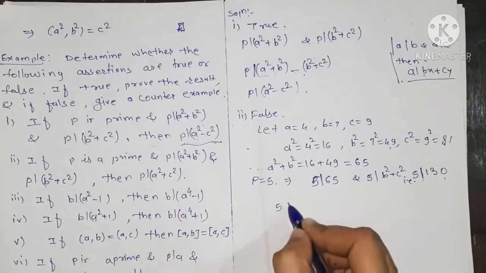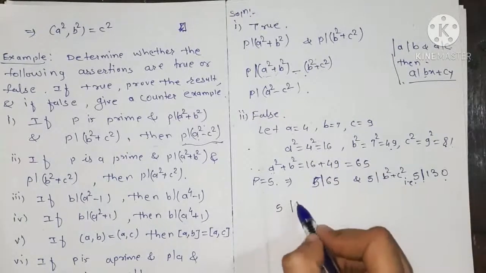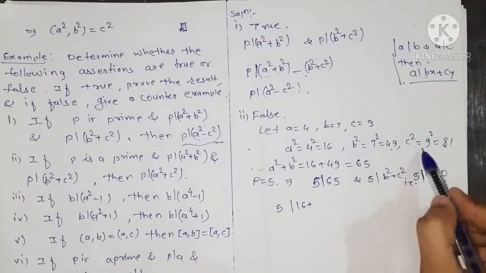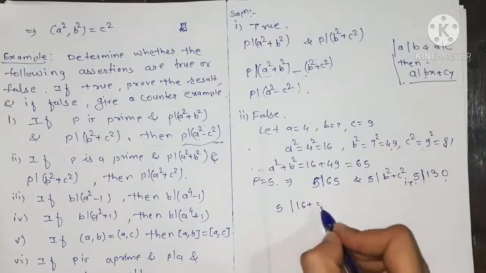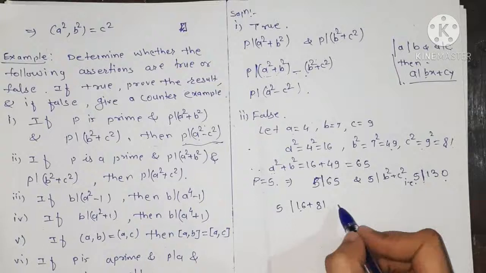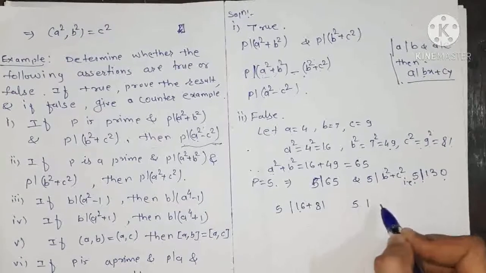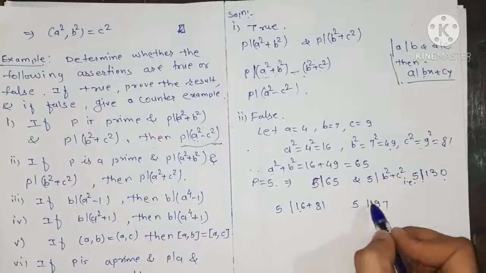So see, 5 divides a square, which is 16, plus c square, which is 81. So 16 plus 81 is equal to 97. Can 5 divide 97? So 5 is not dividing 97.